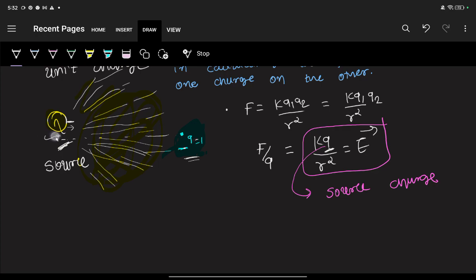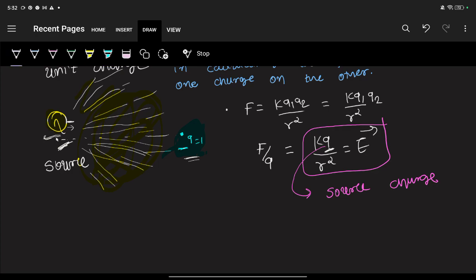Only the bigger one can do such a thing. So that's why we have taken this test charge with these properties: it is so small, it doesn't have any significant electric field, so that our calculations become much easier.